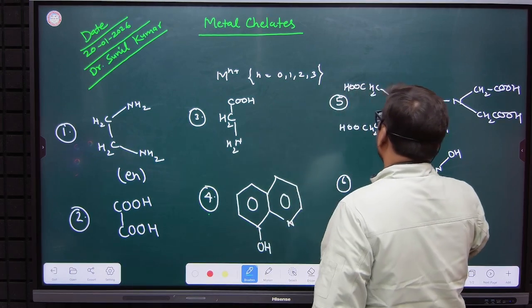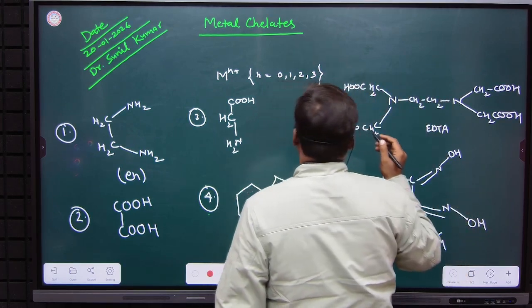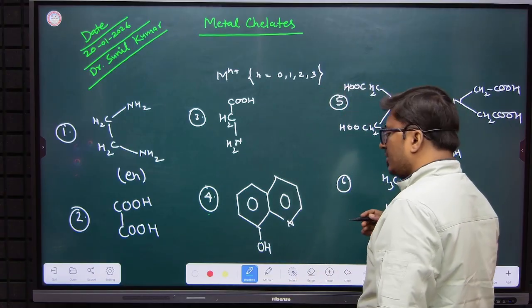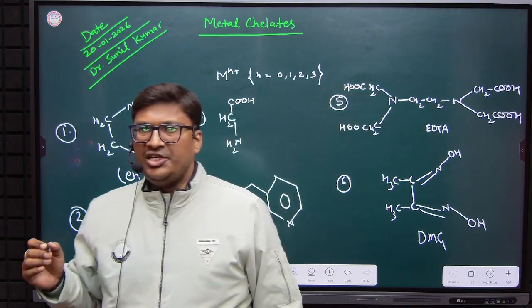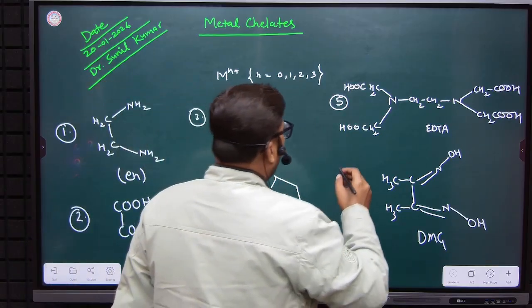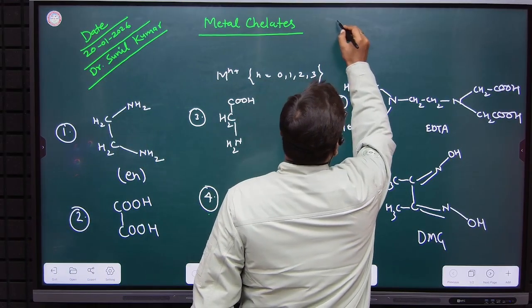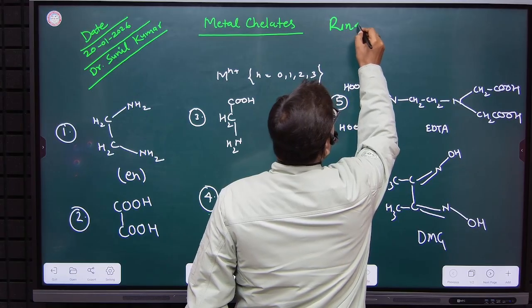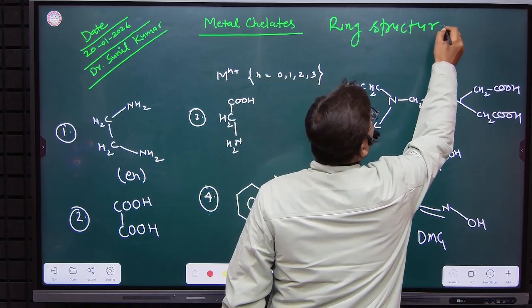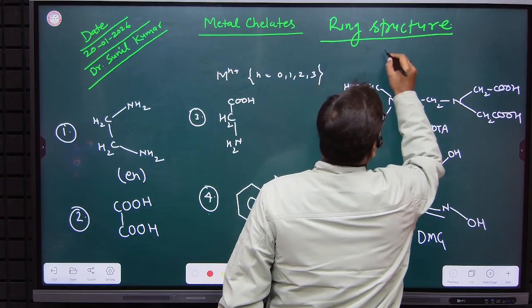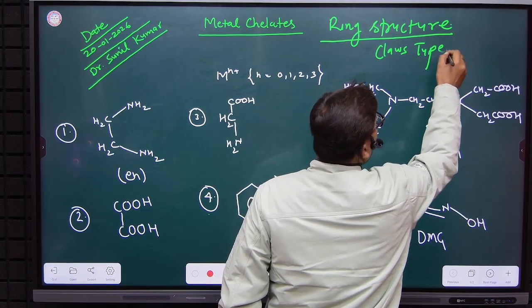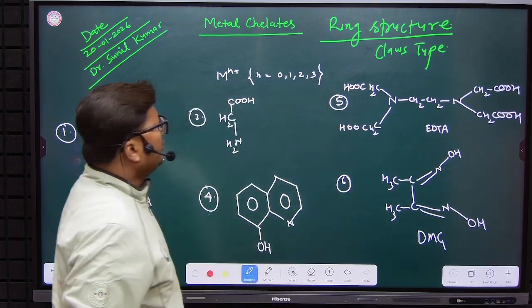Chelates came from a Greek word, chele, which means claw, a ring structure, claw type.